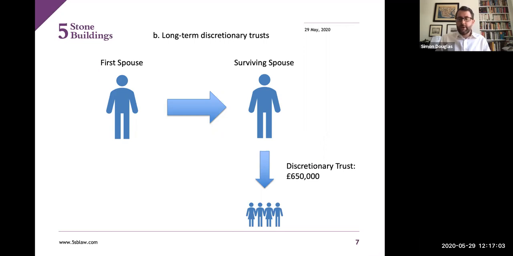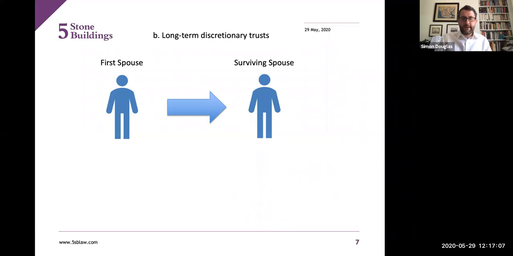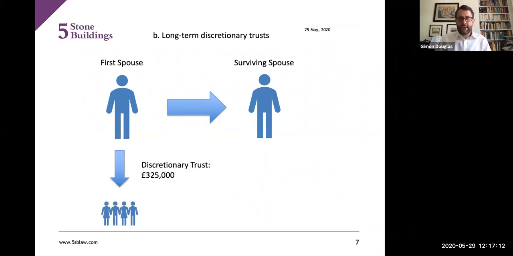So what the parties could have done in this scenario is that on the first spouse's death, the first spouse could themselves have established a discretionary trust using their nil rate band allowance. And then the surviving spouse could themselves have established a discretionary trust for the same discretionary beneficiaries, if they like.